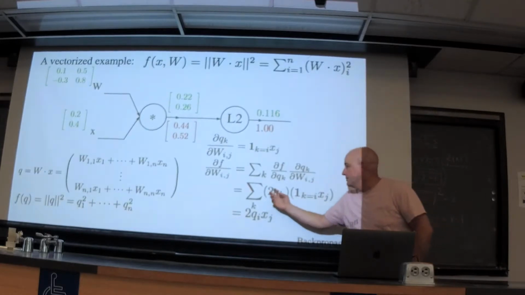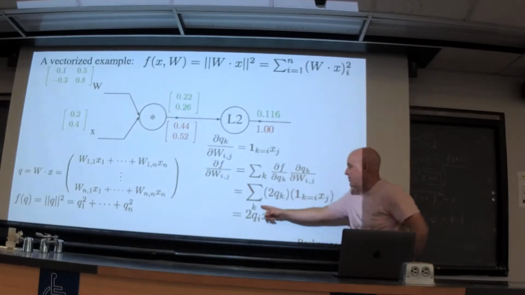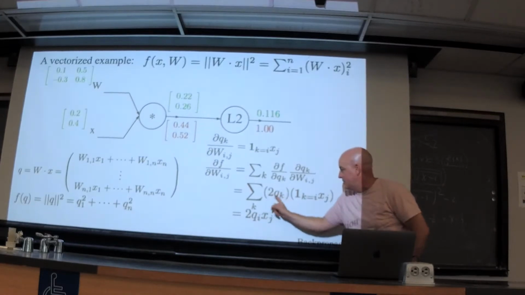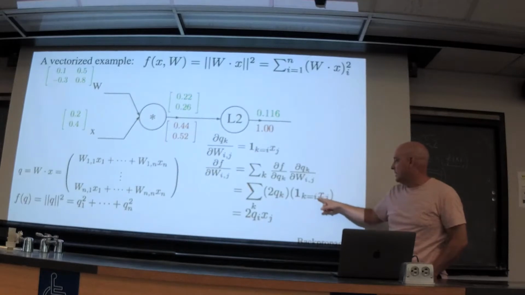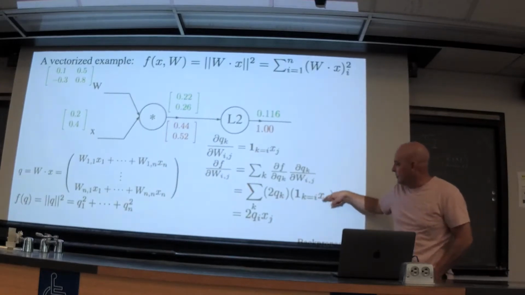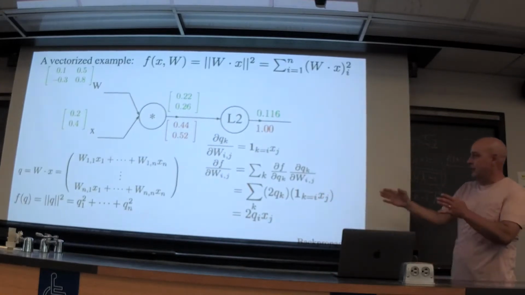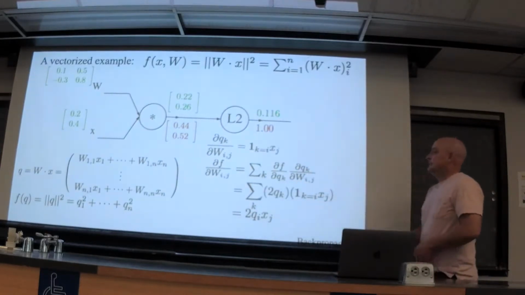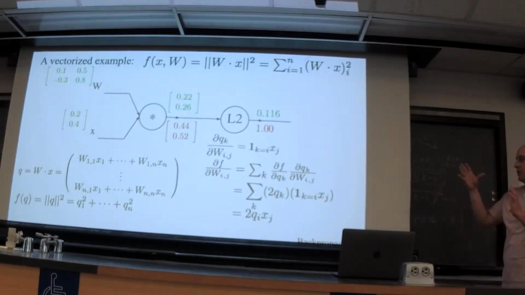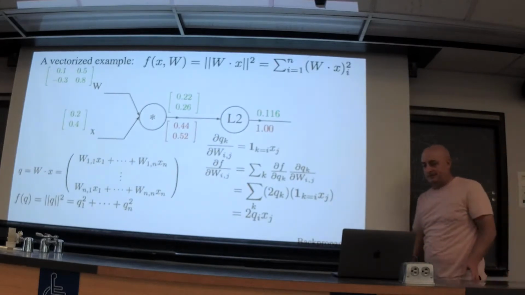So all of these contributions will be 0 except for when k is equal to i. So we get just 2qi, and then the corresponding value at that point, which is xj. This is the partial of the full output with respect to the input. It's kind of a pain to work through all of that, but all we've done is keep track of the indices all the way and apply our formula.